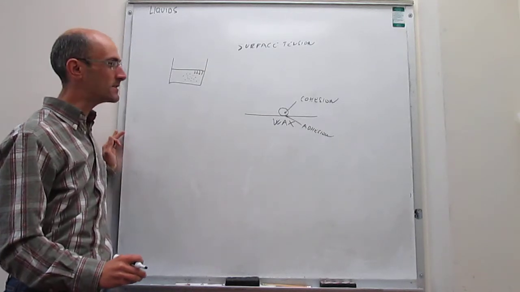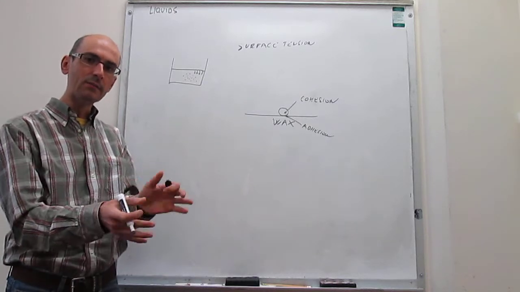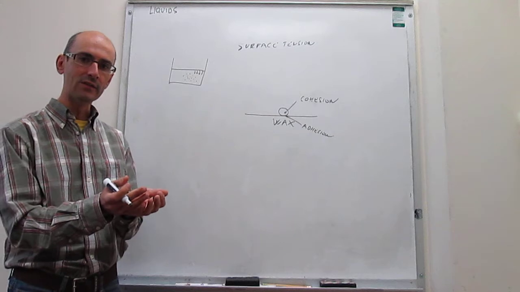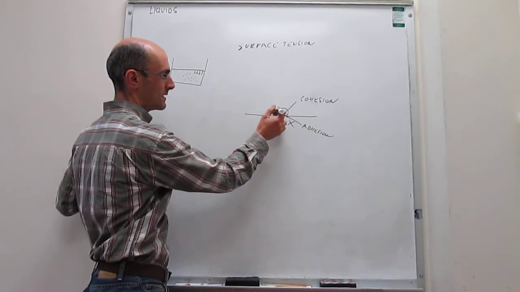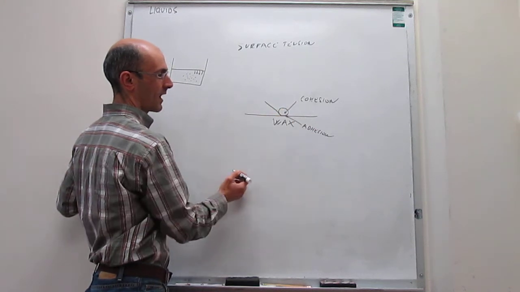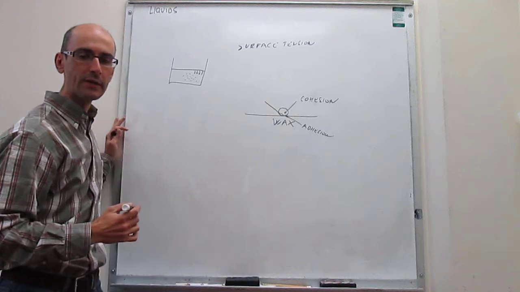And what that means is that, due to surface tension, this water droplet tends to minimize the exposure to the wax, and that's why the droplet beads up. Okay? What we say here is that this has a very high contact angle. If you measure that angle, that is what we call the contact angle, that will be pretty high.